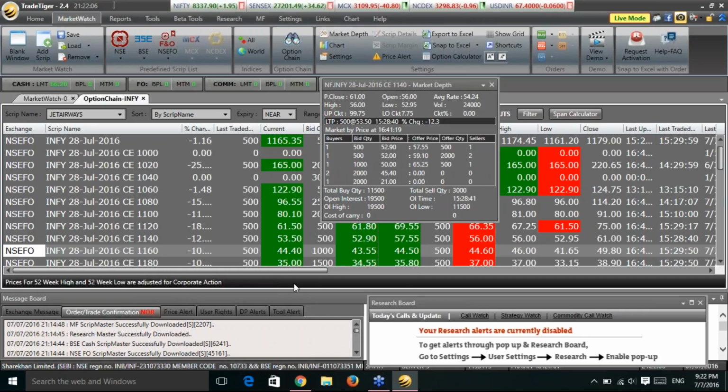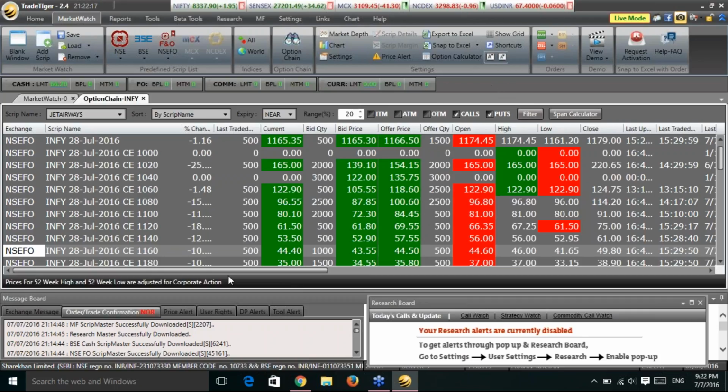If I go to 1160, which is more than the spot price of the share, the premium you have to pay is only 44 rupees. So the break even will come to around 1204. But the amount invested to buy a contract would be much cheaper compared to 1020.